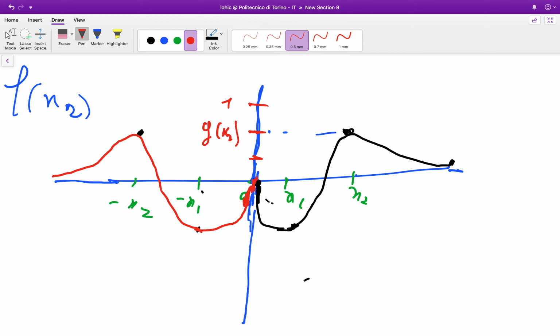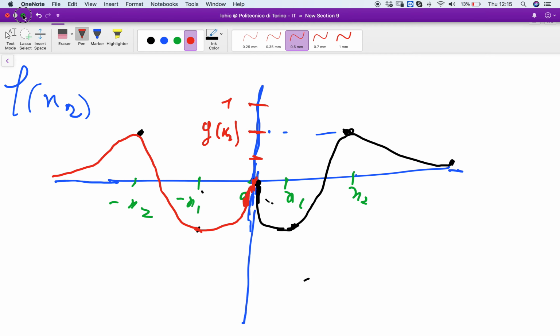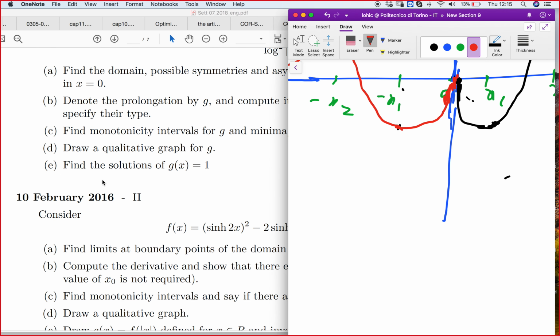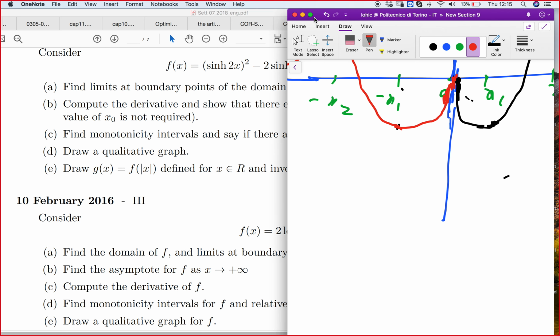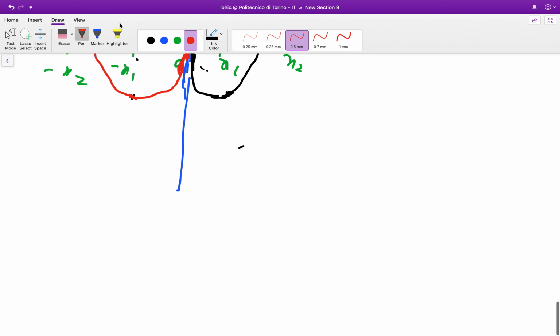But the question is to find the solutions, not the number of solutions. So we don't even need to go back to the graph. We need to solve it.